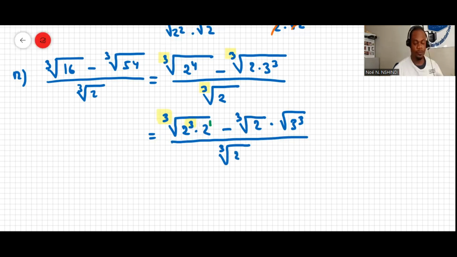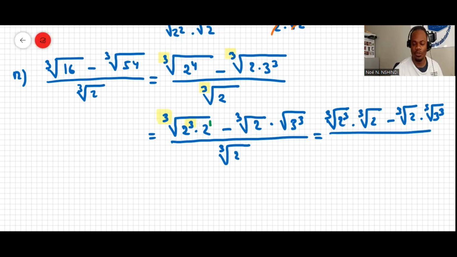Then we can split this as cube root of 2 cubed multiplied by cube root of 2 minus cube root of 2 multiplied by cube root of 3 all over cube root of 3.